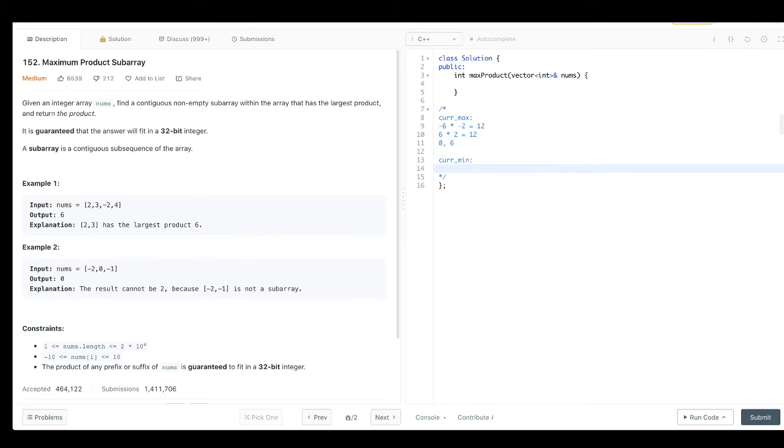If we have a positive number multiplied with a negative number, it will give us a negative or a lesser number. If we have a negative product till now, and if we multiply it with a positive number, it again has the potential to give us a minimum product.